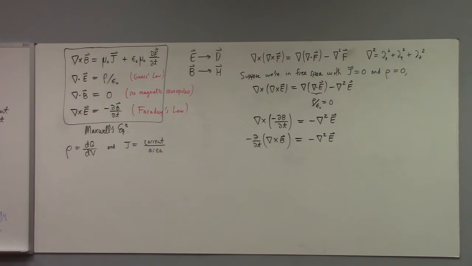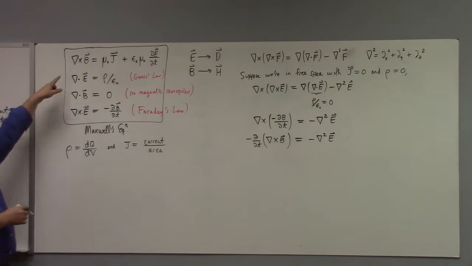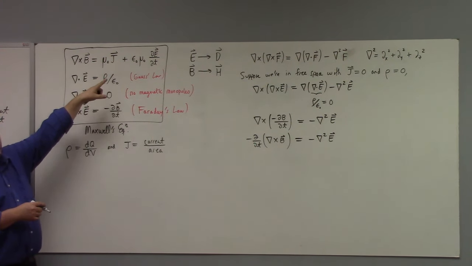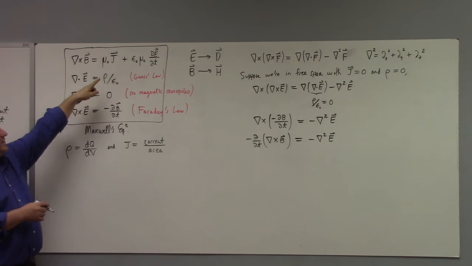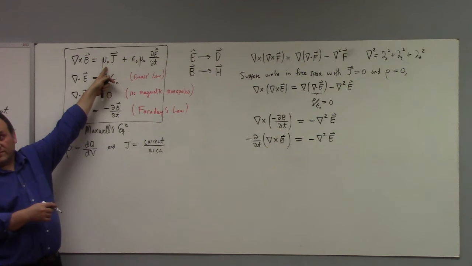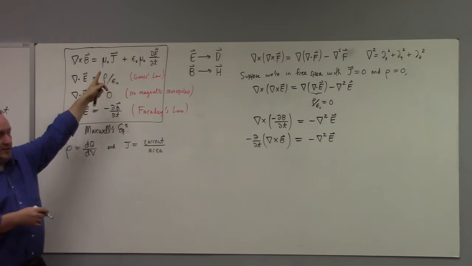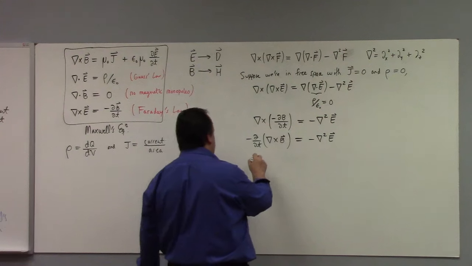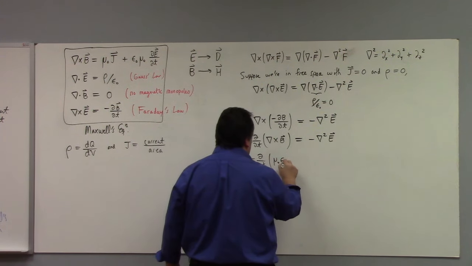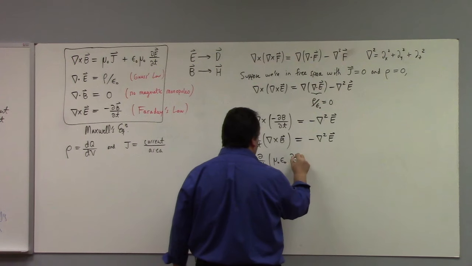We can switch the order of partial derivatives. So let's see here. Curl of B is mu naught j plus epsilon naught mu naught partial E partial t. But what are we assuming about j? We're in free space. There's no current, so j is 0. So this is just minus partial t of mu naught epsilon naught partial E partial t.